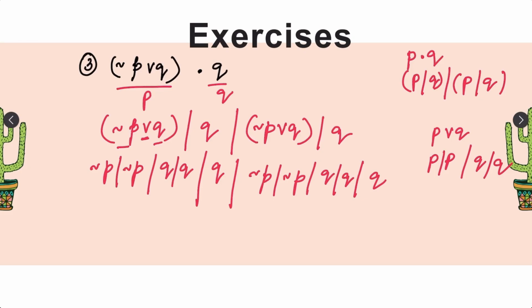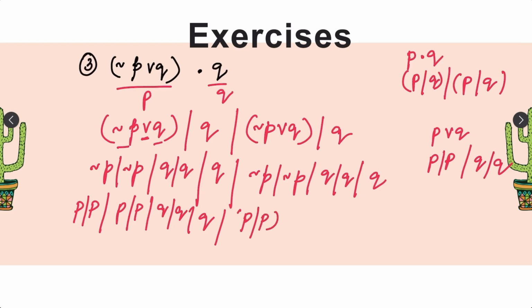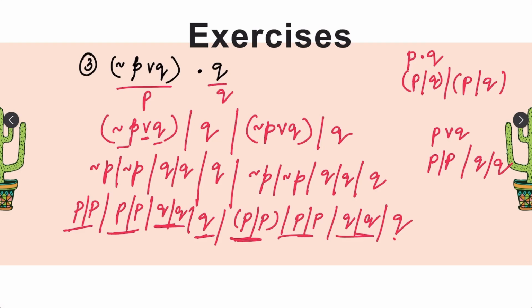And for negation p, you'll write p stroke p stroke p, and then you have q stroke q. And again the same thing here also, p stroke p has come, and then again p stroke q stroke q stroke q. So this will be your final answer. Here two p's have come and again you have two q's over here, and this is one more q, and the same thing is repeated here: p p q q and q.